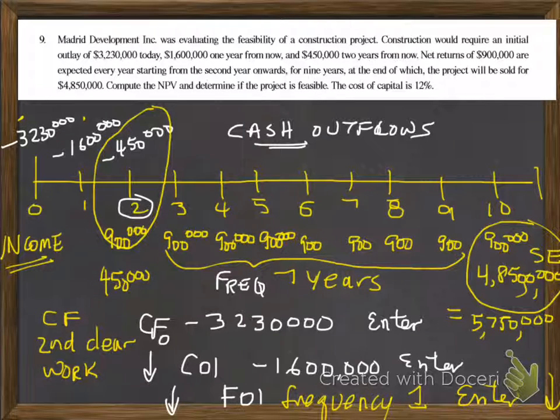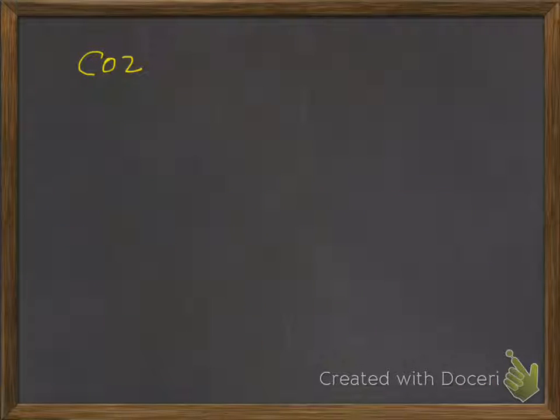Once you've done that, now you're ready to enter in C02. According to my time diagram, C02 is going to be this amount of $450,000. That's the cash flow at the end of year 2. It's positive because it's an inflow. Press the enter key and the down arrow button.